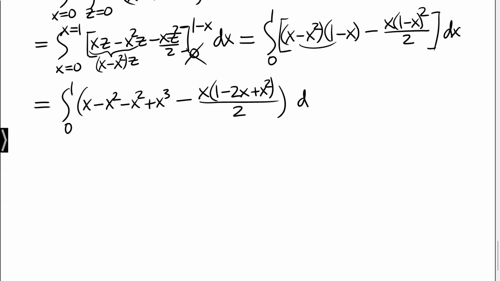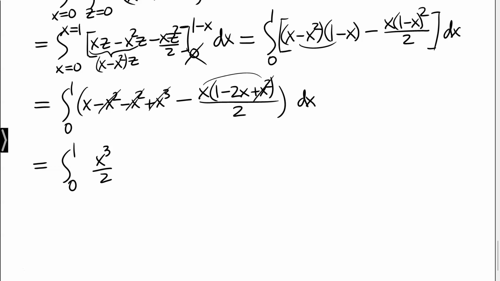Okay. This should be enough that we should be able to collect like terms here. How many x cubes do we have? We have an x cubed. When we distribute here, we have minus 1/2 x cubed. So that's going to leave an x cubed over 2. Okay, so that goes away. X squared.